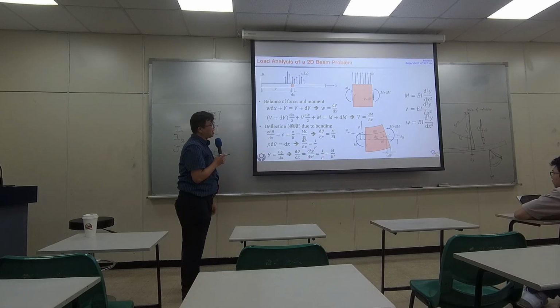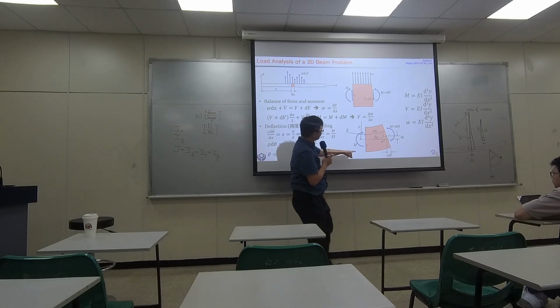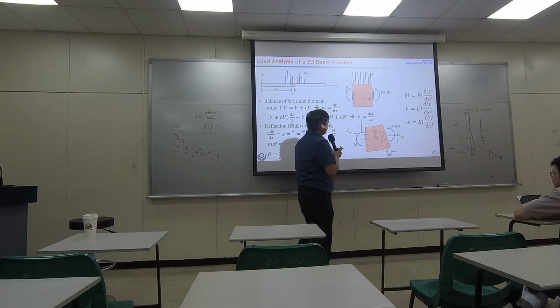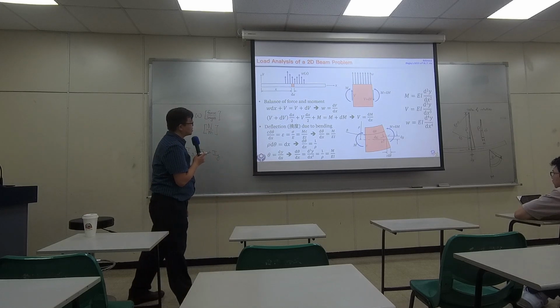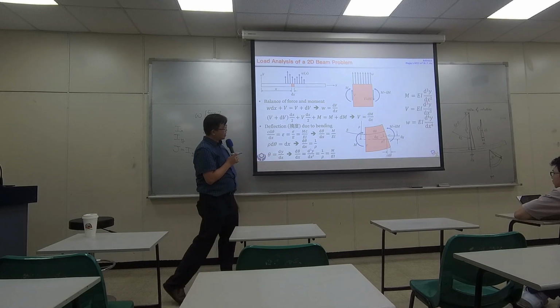Or you can say the radius times theta equals the arc length, if you treat it like that. So theta right here is almost the same as dy over dx.